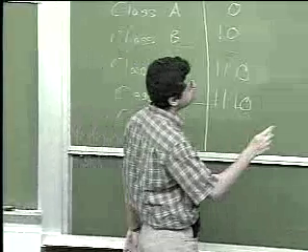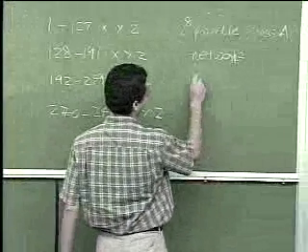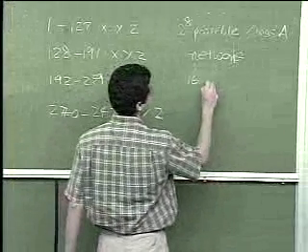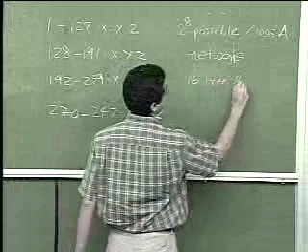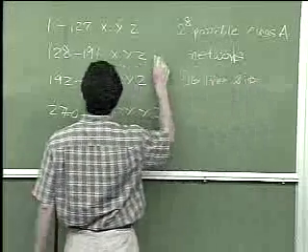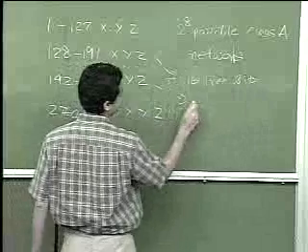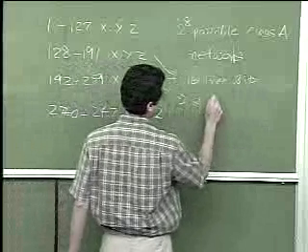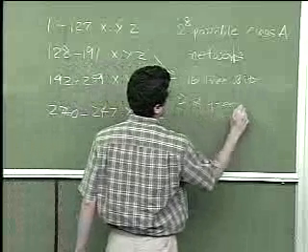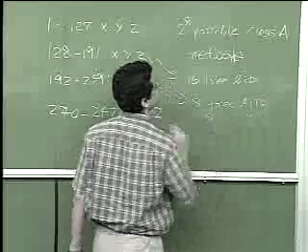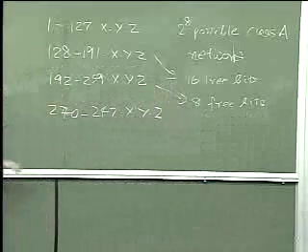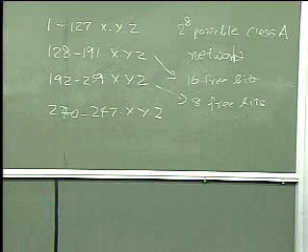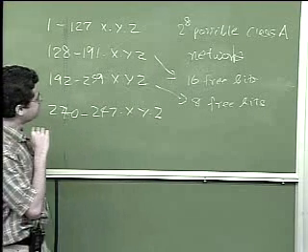Class B, you had 16 free bits, and class C, you had 8 free bits. Class D was reserved for multicast, so we won't get into that.